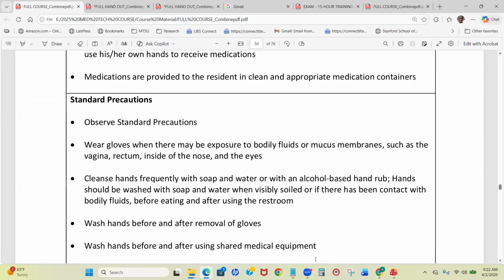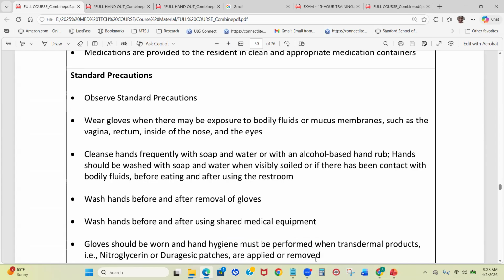You don't know. And then you tell them, stretch your hands for your Tylenol. Don't do that. This is all part of infection control. We want to break the chain of infection. So hand them the medicine cup. Don't tell them to bring their bare hands for that medicine. Medications are provided to the resident in clean and appropriate medication containers or cups.